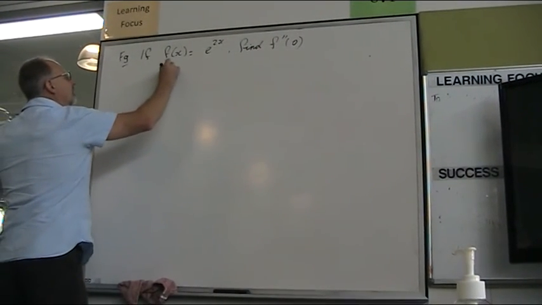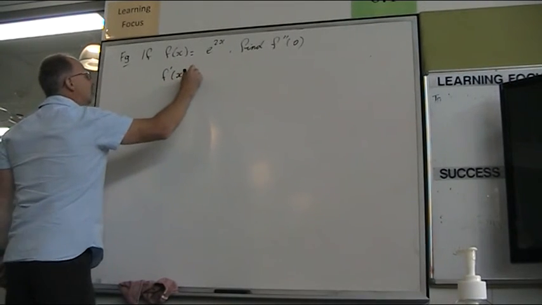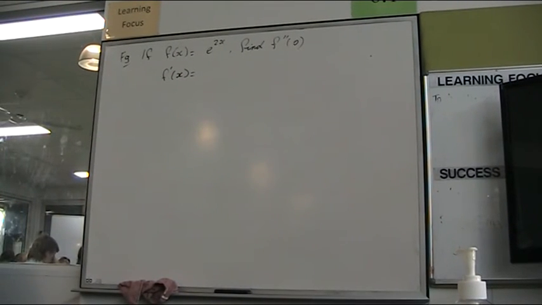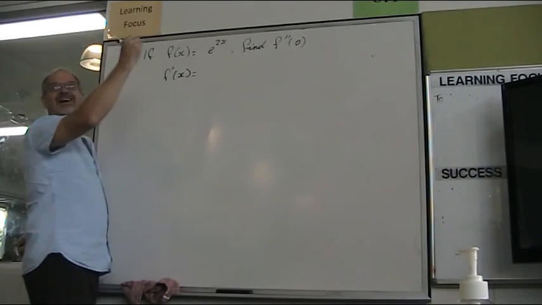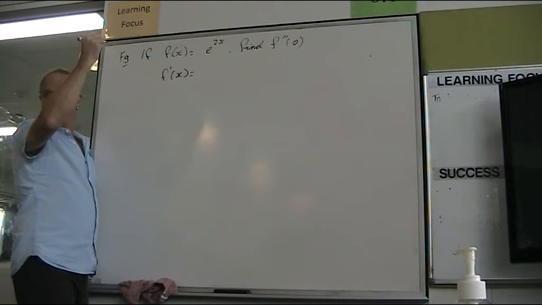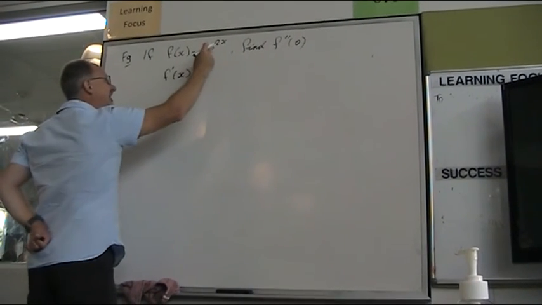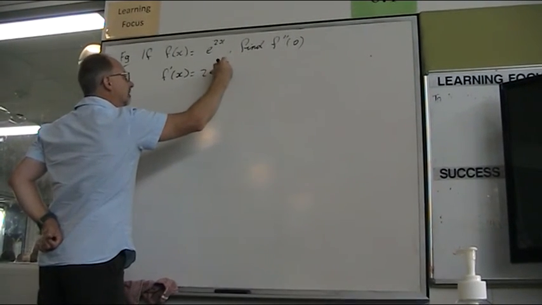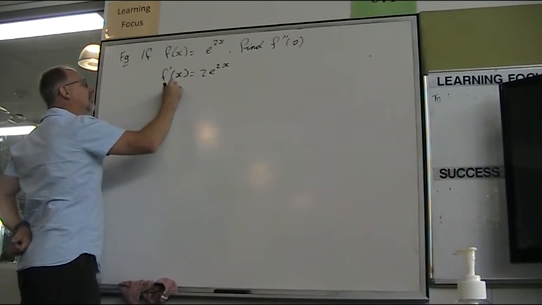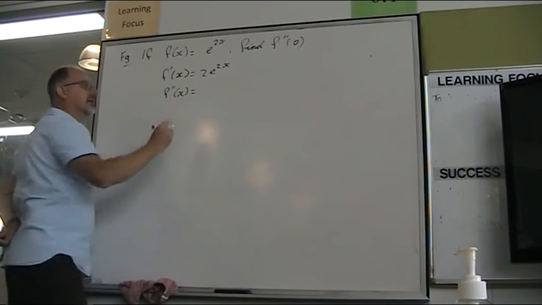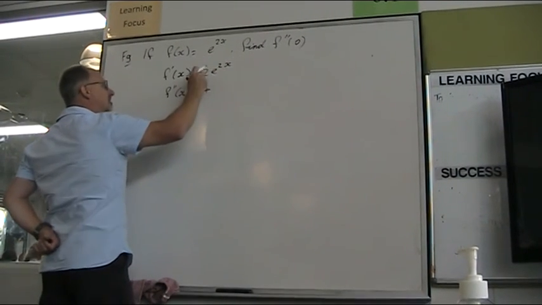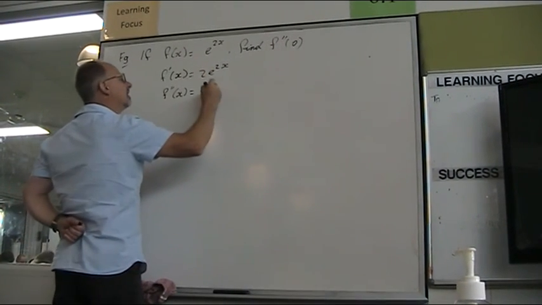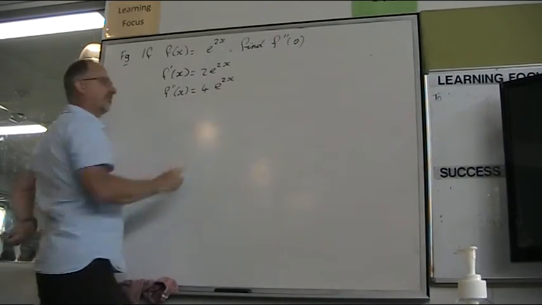So we've got to do that in two steps. So when I differentiate e to the 2x, what do I get? 2e to the 2x. And then when I do that the second time, it's going to be 4. So the 2 comes down again, multiplies by that 2 that's already there. 4e to the 2x.